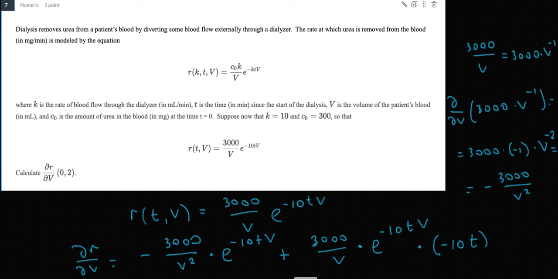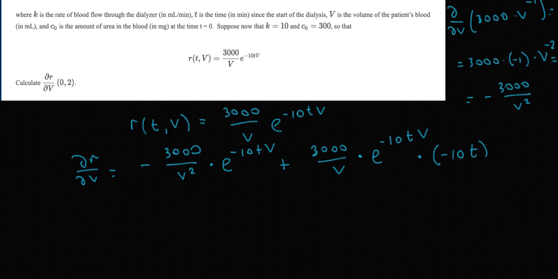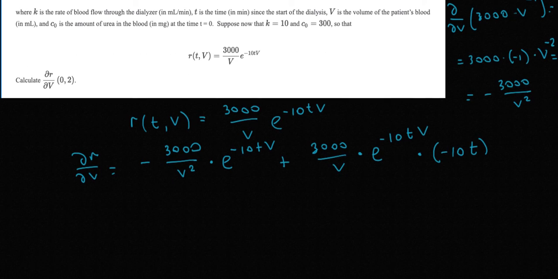Now, we could simplify this a little bit, but considering that what we need to calculate is the value of this partial derivative at the point (0, 2), we will substitute 0 for t and 2 for V. And when we plug in 0 for t, the second part of the partial derivative that we just calculated, this whole term, will turn into 0.